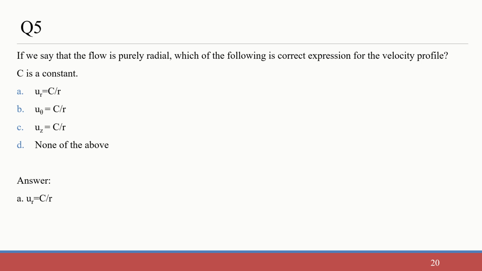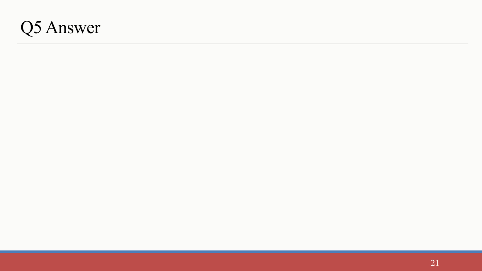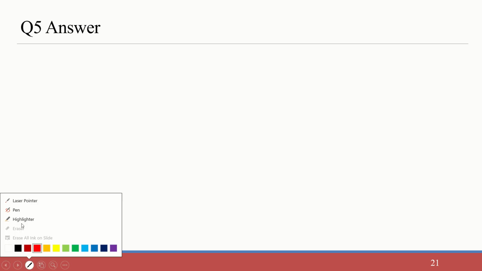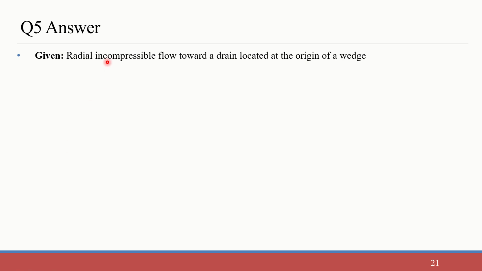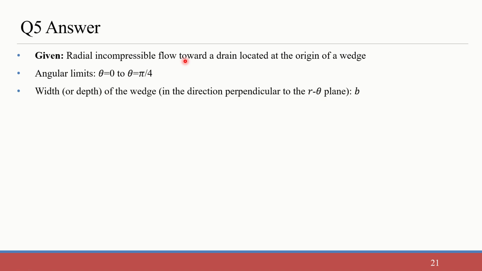Just to prove and validate our answer, let us see some expanded steps. First, it is given that there is radial incompressible flow towards a drain located at the origin of a wedge, and the angular limits are from theta equal to 0 to 45 degrees, that is pi by 4.